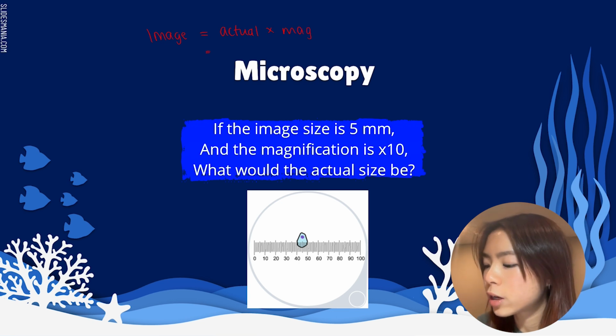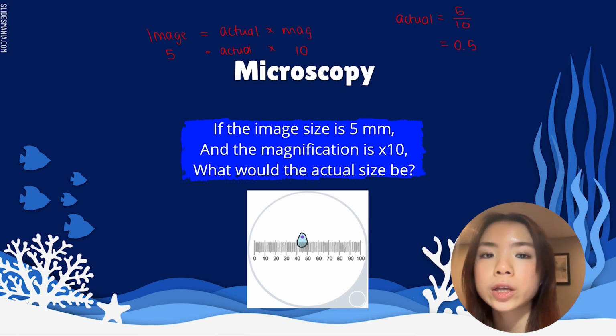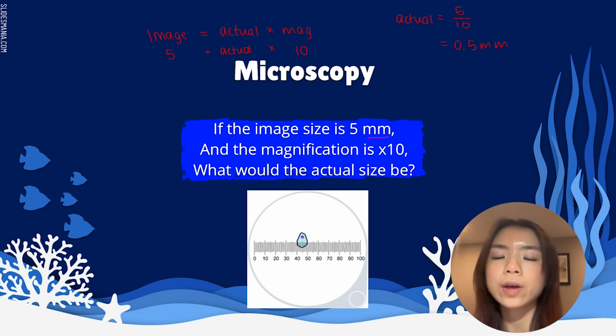The image size here is 5 mm, the actual size is unknown, and the magnification is 10 times. To find the actual size, we would do 5 divided by 10, which gives us 0.5. And don't forget to put in the units as well. We're using the same units that they've given in the question, so it's 0.5 mm.